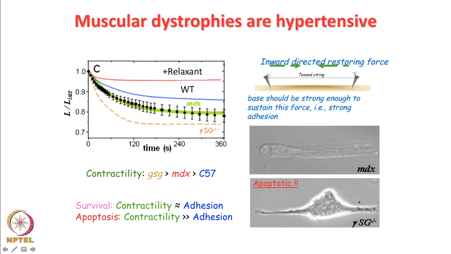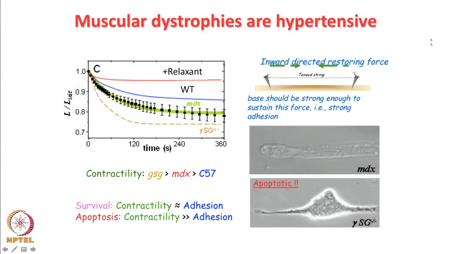Why would this cell apoptose, and is there some change in the biophysical properties? One possibility was that, as we have earlier seen, cells exert contractile forces on the substrate to feel the bulk properties. You can estimate those contractile forces by doing this assay.